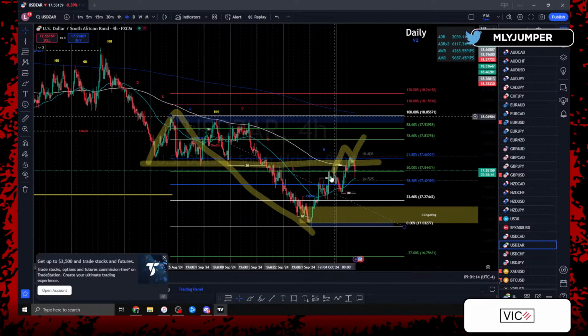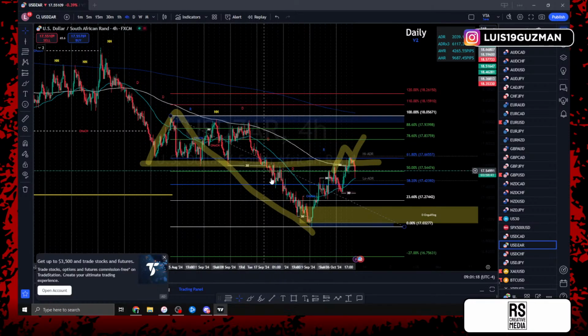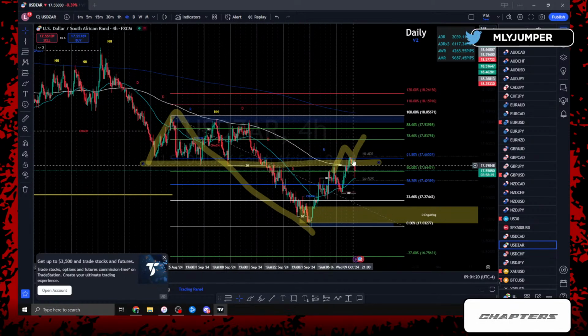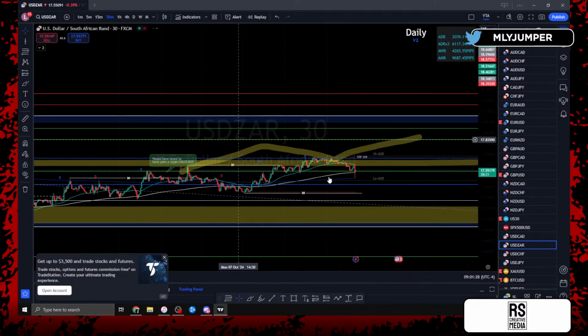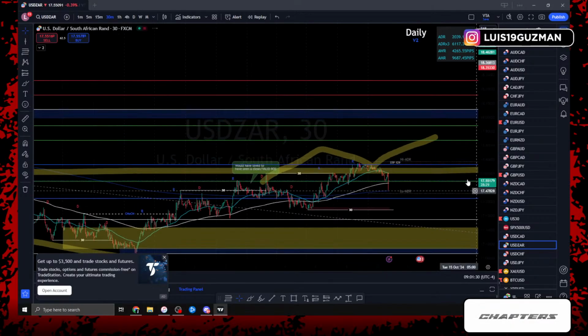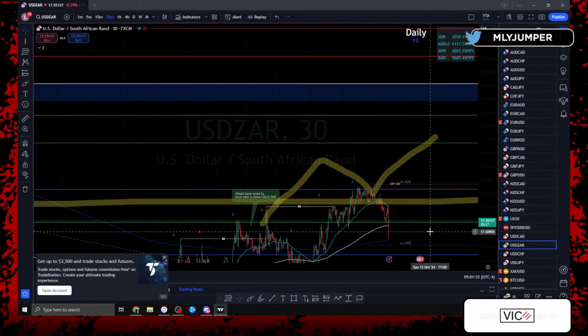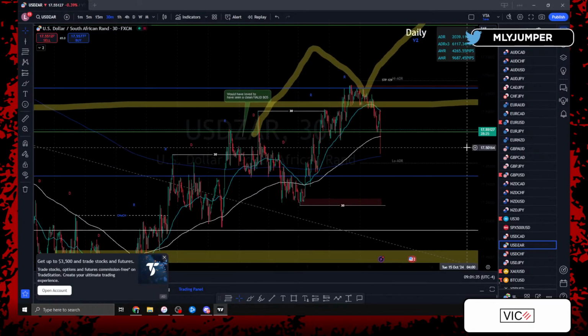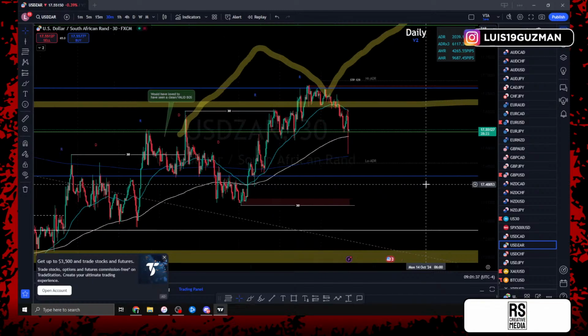If price is going to reject these highs, if it's going to reject this higher time frame, lower low, lower high, this is where we'll want to start seeing price reject the structure, which in the 30-minute time frame is if we respect the higher highs and higher lows. So this is where candlestick analysis is going to come in handy.